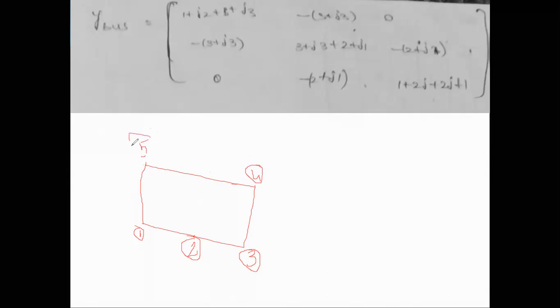We have 5 nodes in the given single line diagram.